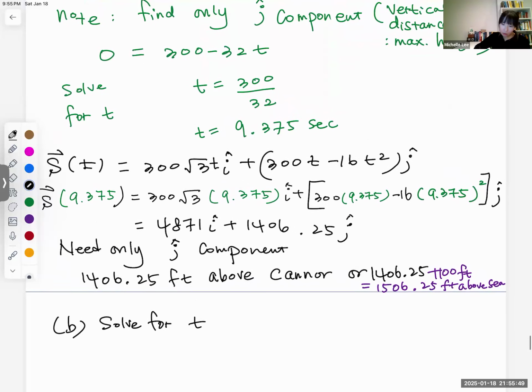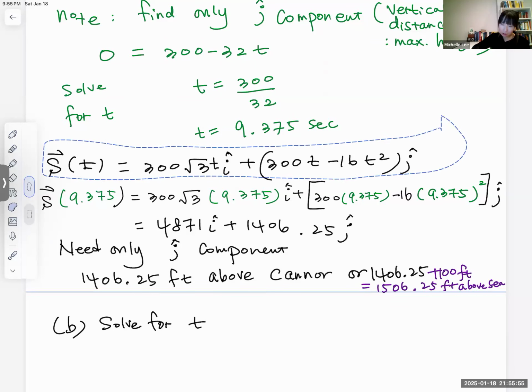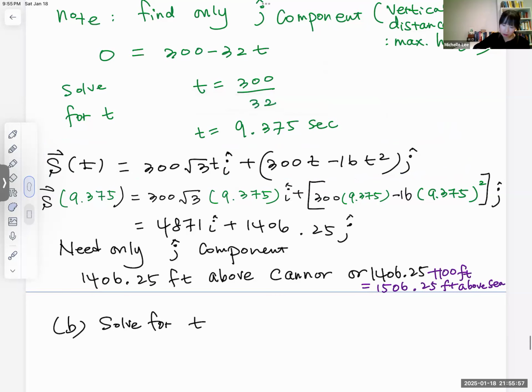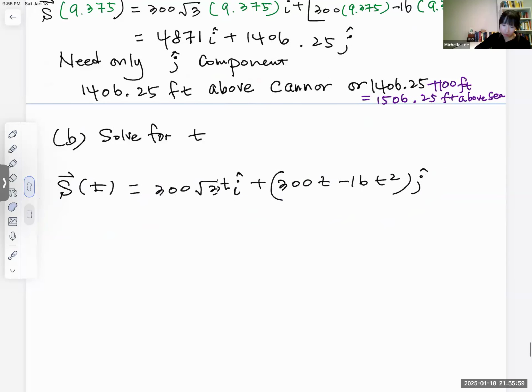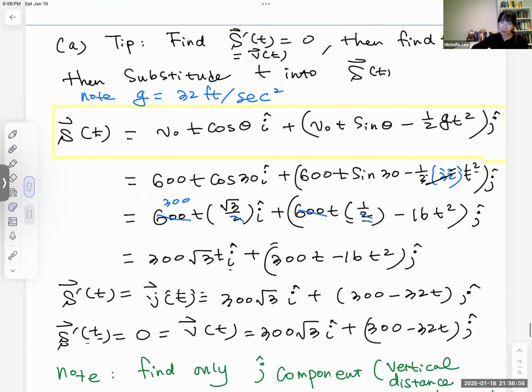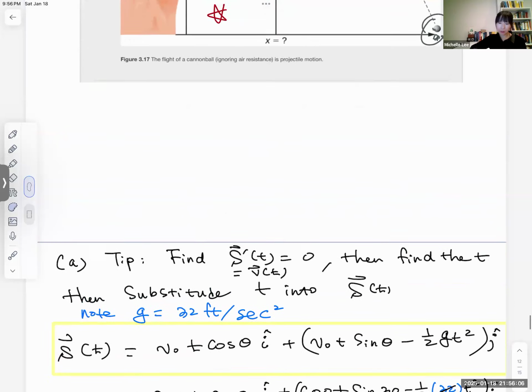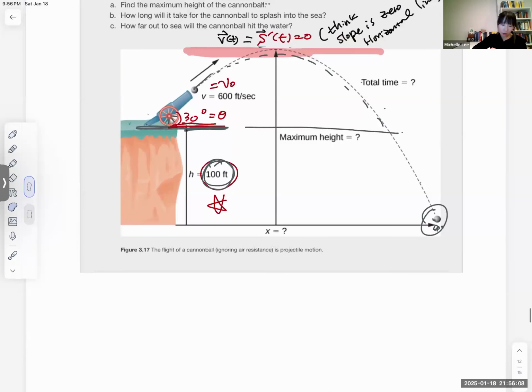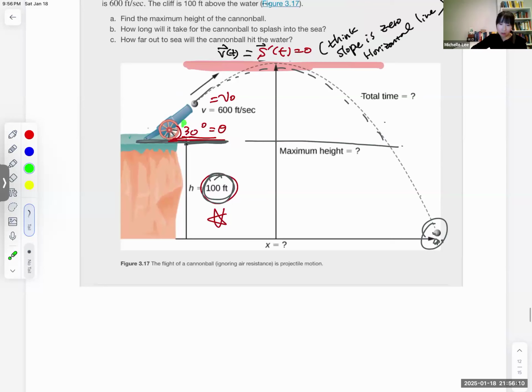All right, so we have the position vector S of t here. Okay, let us think about what kind of component we have to use. The cannonball splashes into the sea, so this is the vertical distance, right?